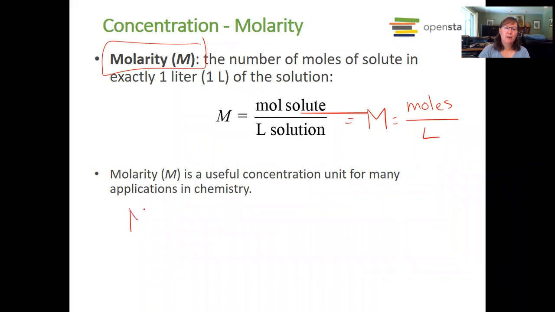Little m means molality, and you won't get to that until Chem 2. But molality is completely different. That's your moles per kilogram of solvent. So make sure that when you're talking about molarity, you use a capital letter M and not a lowercase m.